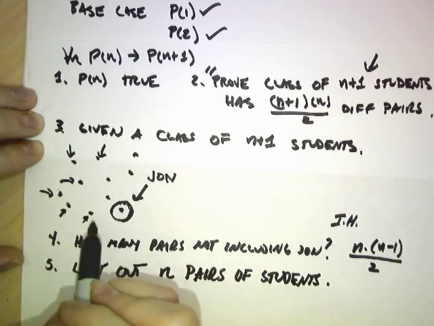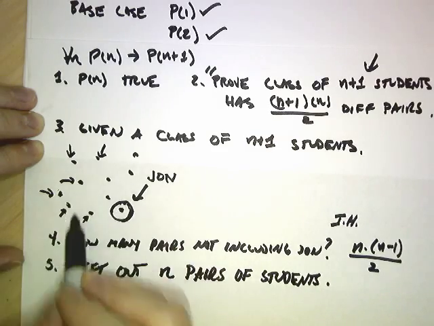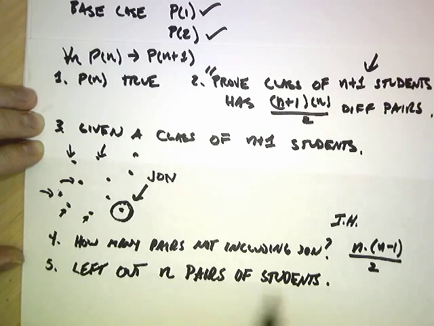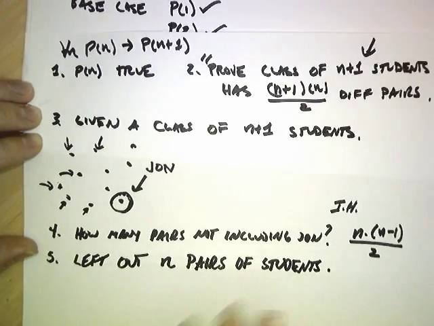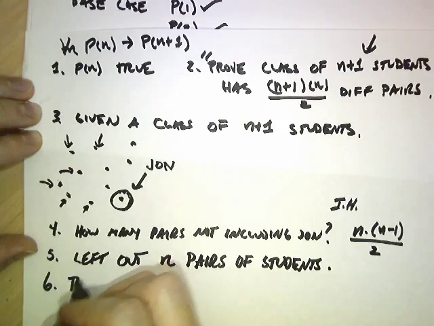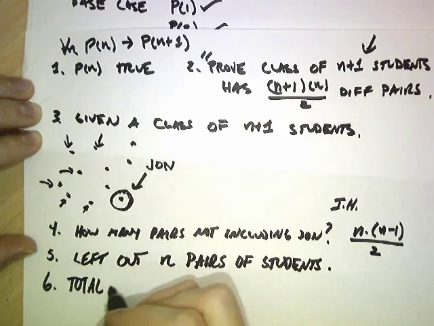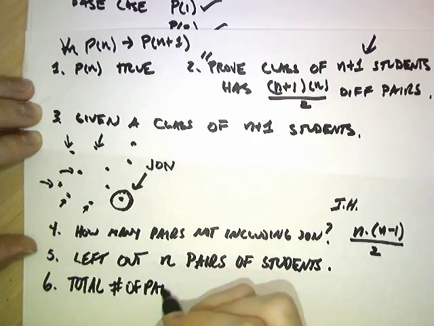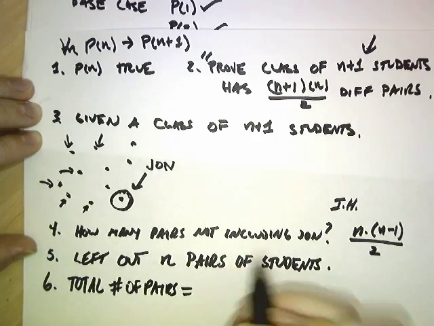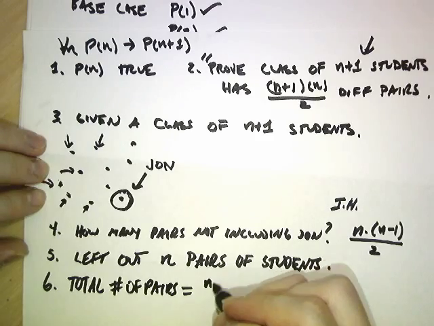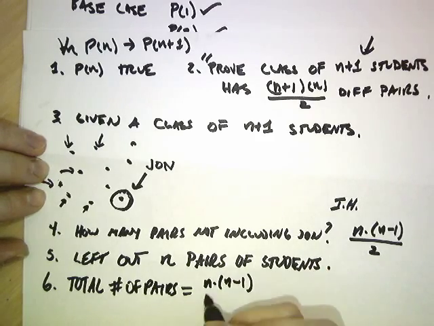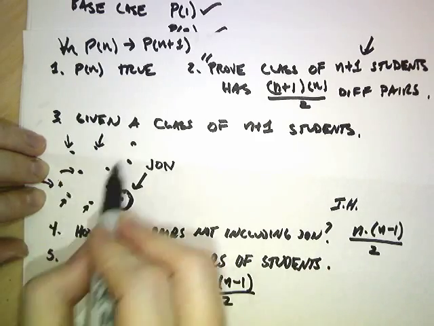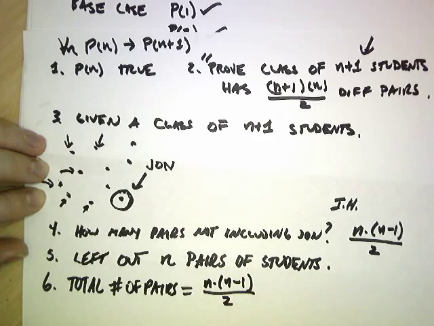John could have formed a pair with any one of these n students, and so the total number of pairs of students is equal to n times n minus 1 over 2. That's all the pairs that you form excluding John, plus all the pairs that John could have formed with these n students. That's n.